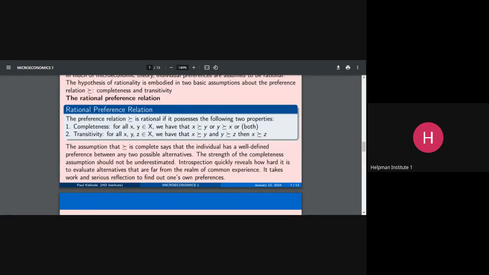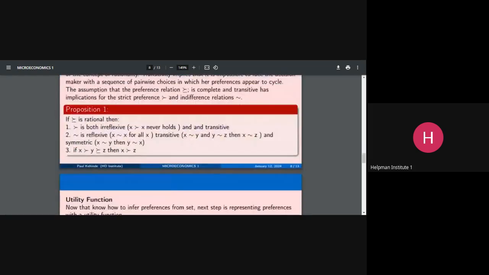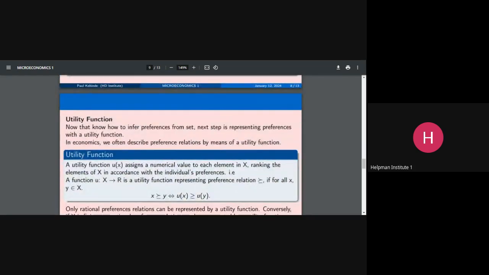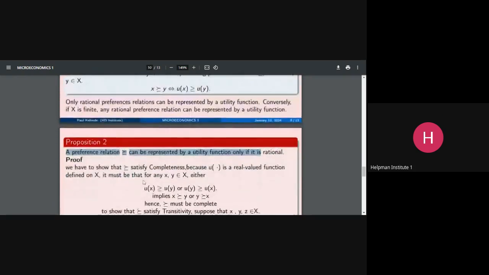So now we know what the properties of rationality are: completeness and transitivity. To prove that every preference represented by a utility function is rational, I will use the properties of rationality of preference to make my proof. First, to use completeness.